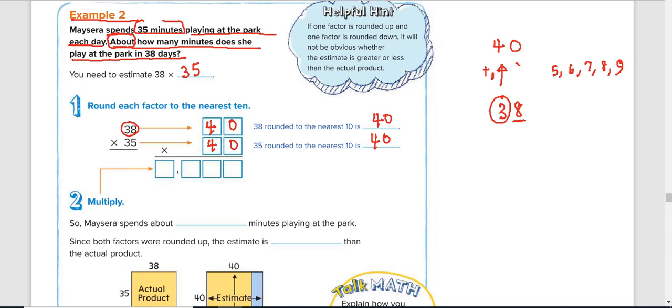We can go ahead to multiply: 40 times 0 is 0. And 40 multiplies the tens place digit 4. 40 times 4: you can do 4 times 0, 0, and 4 times 4, 16. So that's 160 tens. Final answer, about 1,600 minutes.